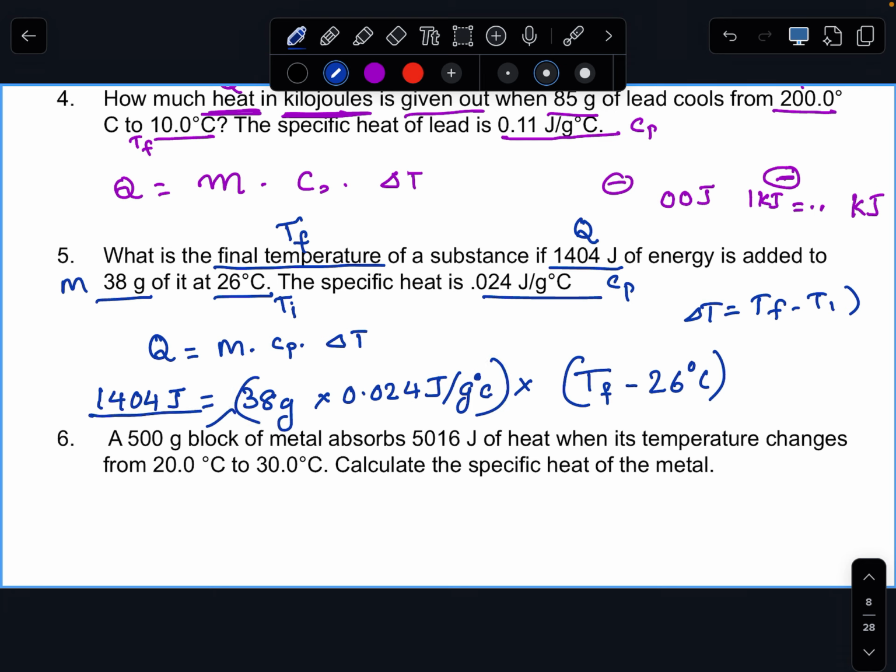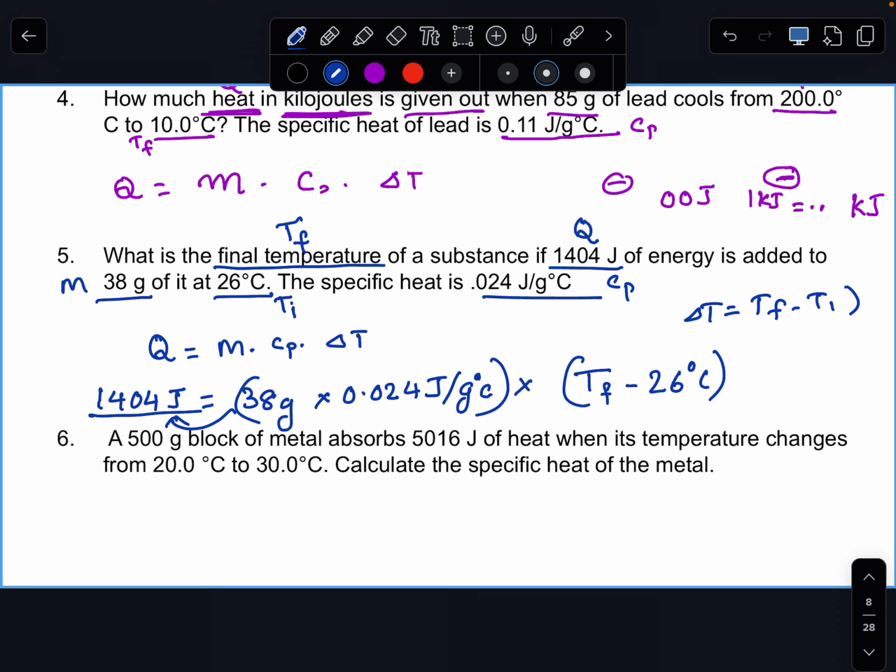Okay, so an easy way to do it: I will divide this with these two numbers. Whatever number you are getting, you will add 26. Let me get the calculator and do it. Okay, give me 1 second. So it is 1404 divided by, start parenthesis, 38 times 0.024.